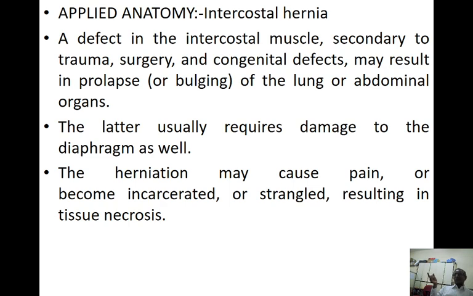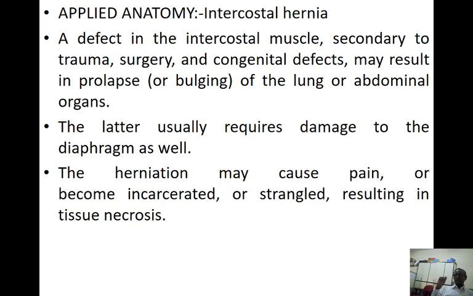For the abdominal organs to protrude out usually requires damage to the diaphragm also, because they are below the diaphragm. The herniation may cause pain or become incarcerated or strangulated, resulting in tissue necrosis. So the herniated mass gives pain because of the constriction in the hole through which it is herniating out.